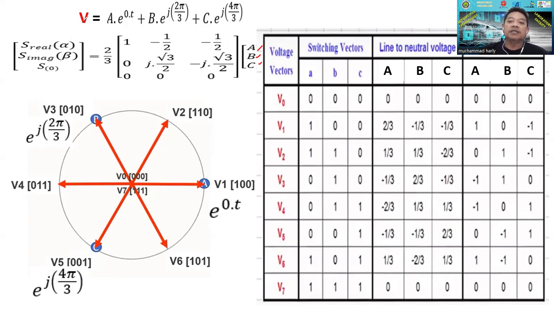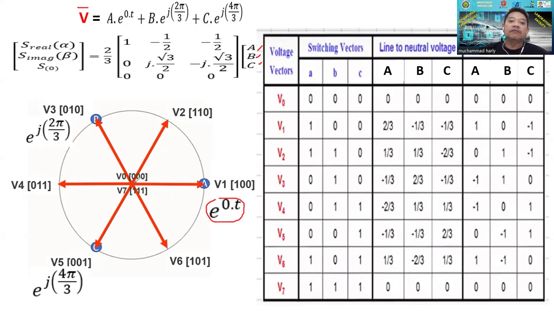We already discussed last week that the vector V is equal to the voltage of E times the exponential factor. That means E, e to the power 0, then plus B. The position is here. Why is it 0?